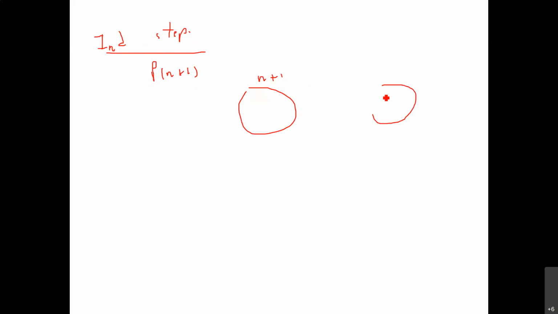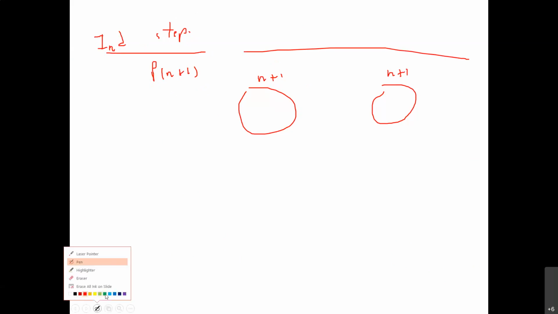Okay, so now inductive step. And here's our winning strategy. We want to prove P of n plus 1, right? So now we have n plus 1 here, n plus 1. Remember, what does our hypothesis say?